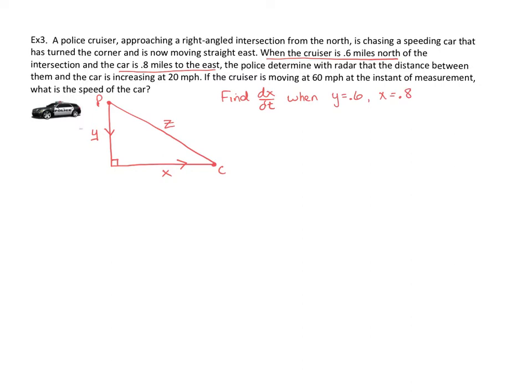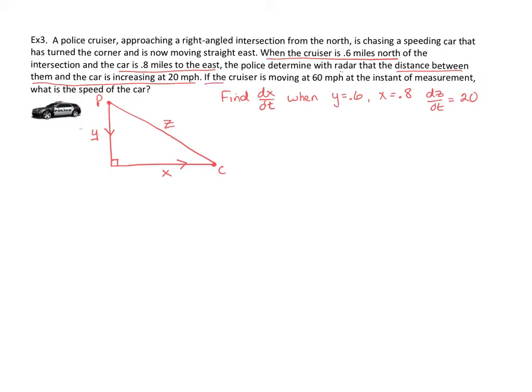That's when we're trying to find it. But they also determine at that instant with radar that the distance between them and the car is increasing at 20 miles an hour. So that means we also know that dz/dt is equal to 20 miles per hour.